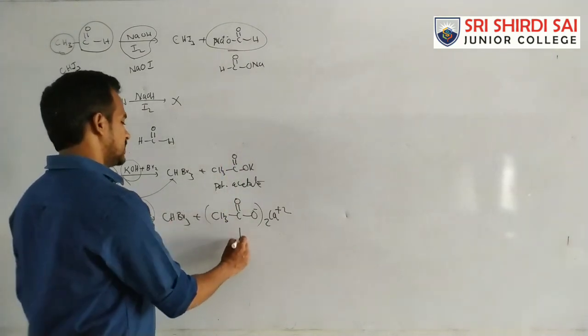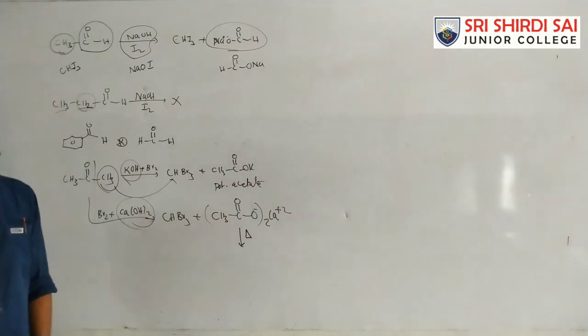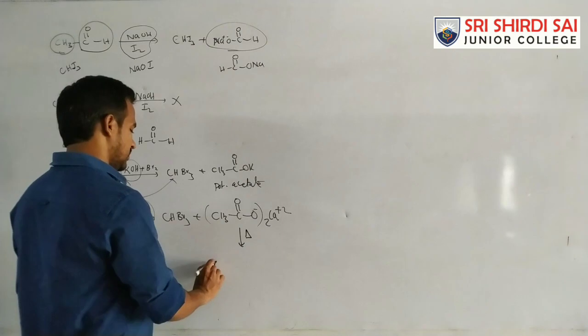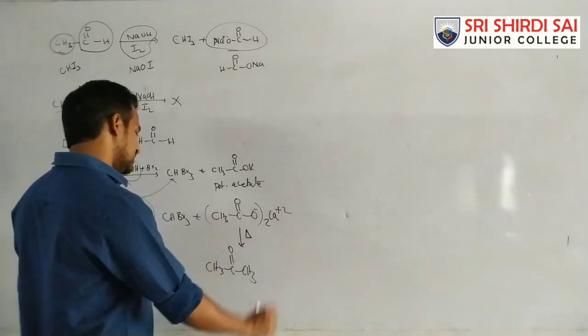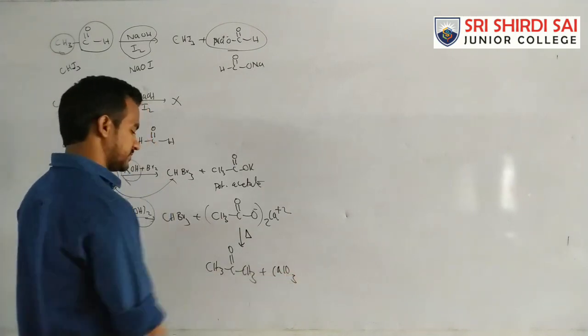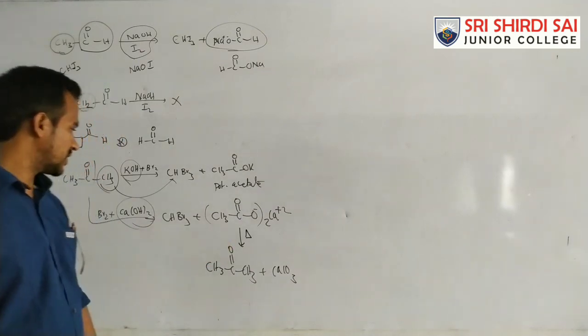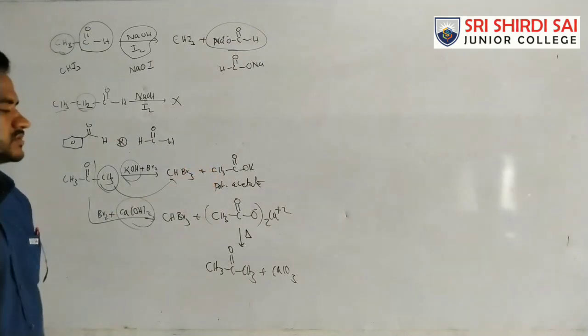On further heating, dry distillation of calcium salts of carboxylic acids gives, as we discussed in the preparation methods of ketones, acetone plus calcium carbonate. Calcium acetate is the bivalent salt and potassium acetate the monovalent one.